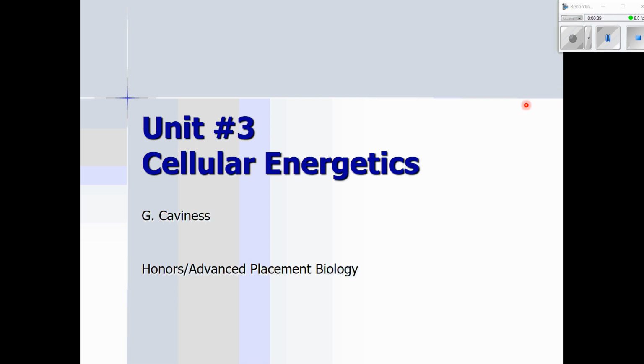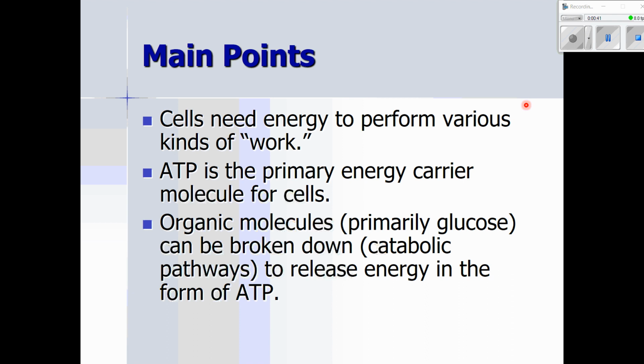All right, some of the main points that I'm going to make today. Cells need energy to perform various kinds of work, and we'll talk about some things that constitute cellular work. ATP, adenosine triphosphate, is the primary energy carrier molecule for cells.